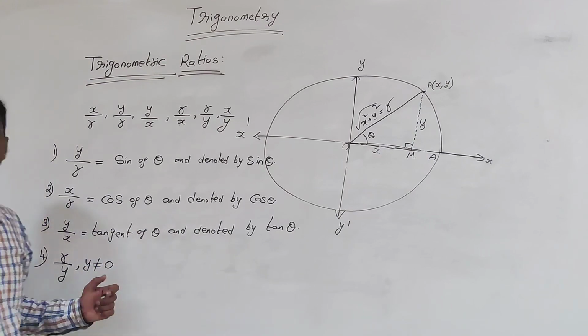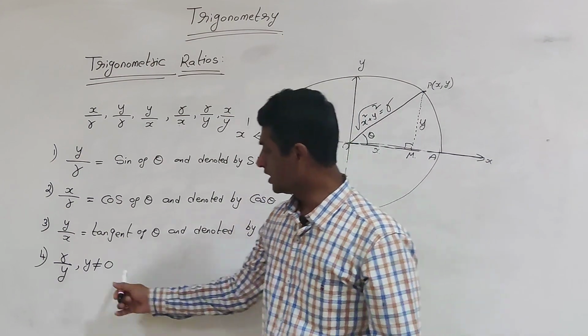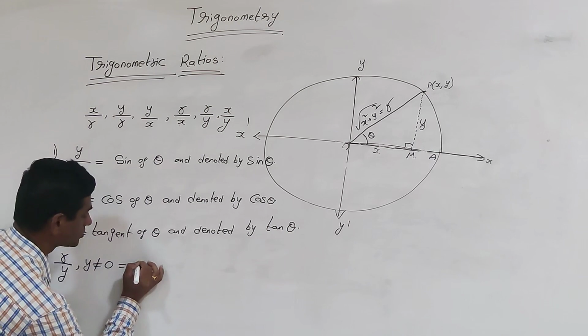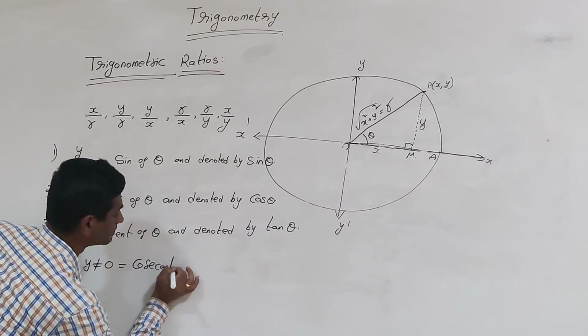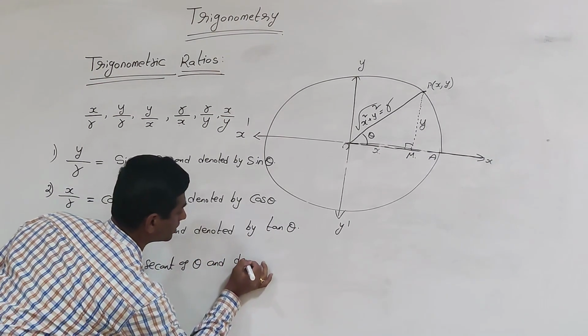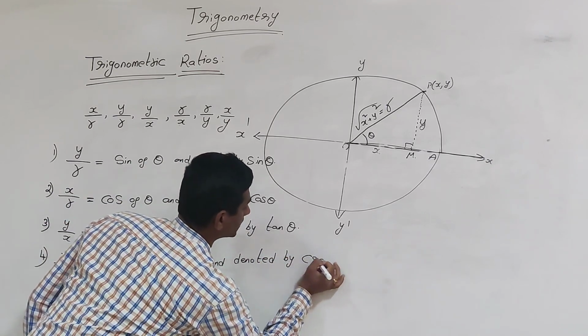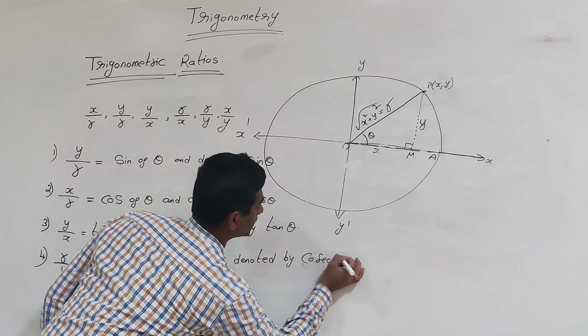If y is equal to 0, then it will not be defined. Now, r by y is called cosecant of theta and denoted by cosec theta.